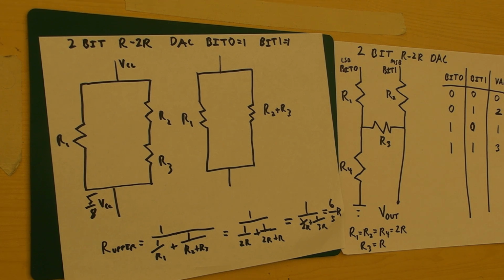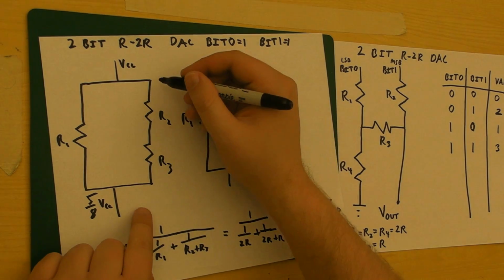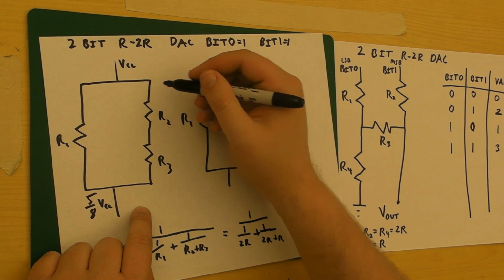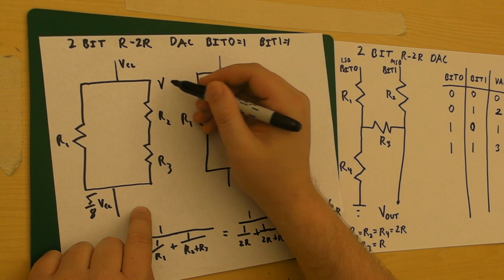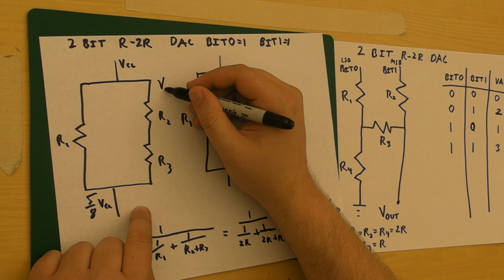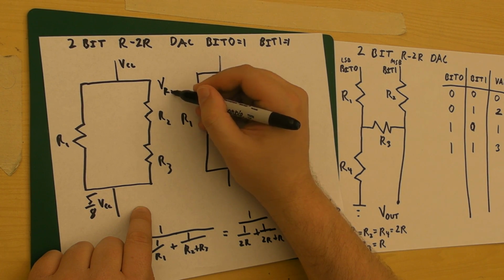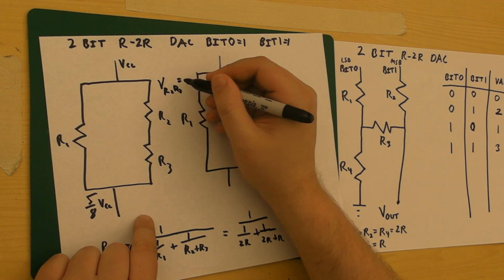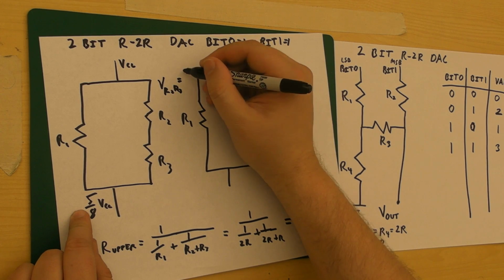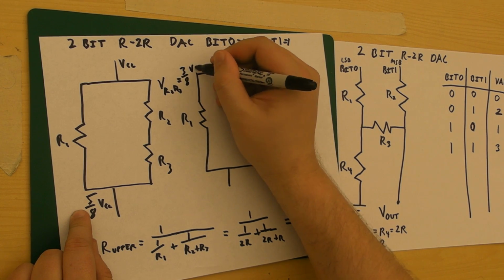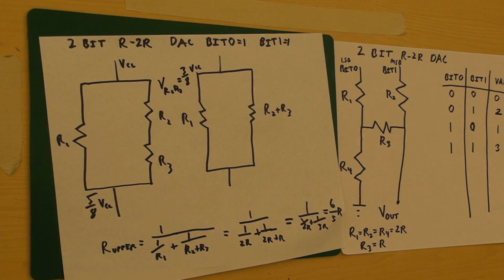So basically, the total voltage drop between here and here. If I was going to measure this, I could say that the V drop over R2, R3 is equal to VCC minus 5/8 VCC, which is 3/8 VCC. Well, that's convenient.